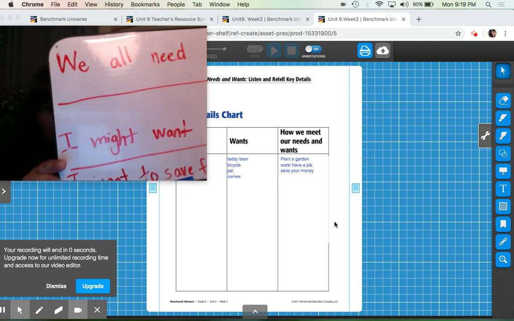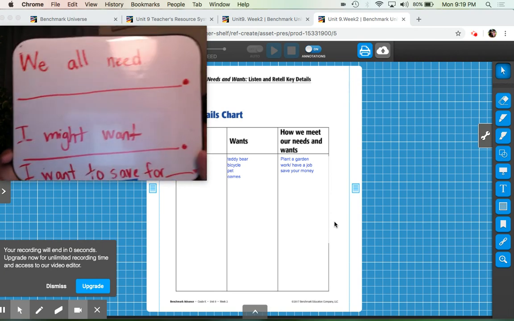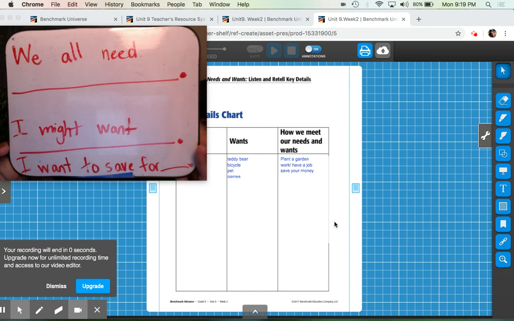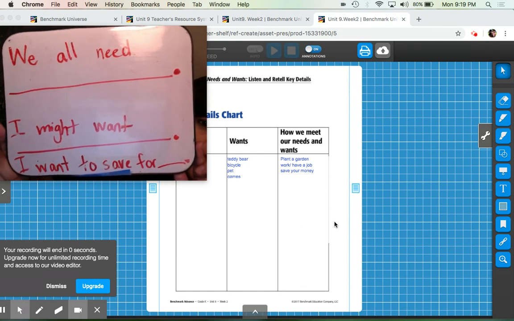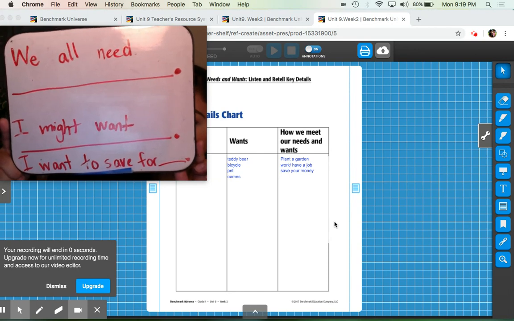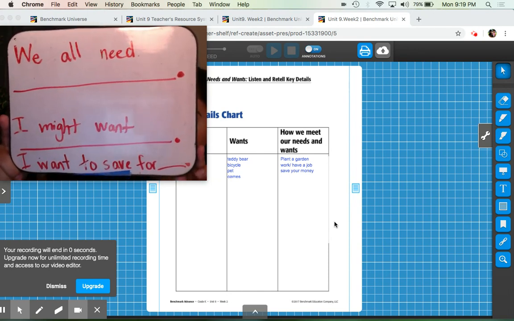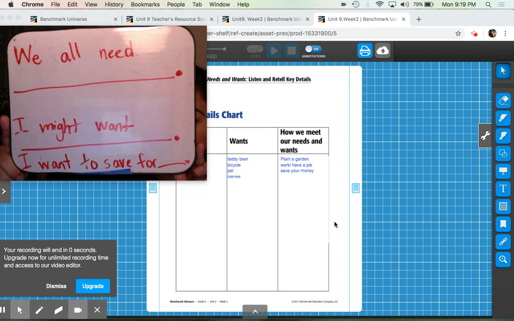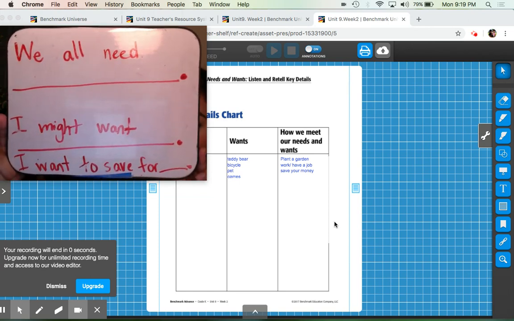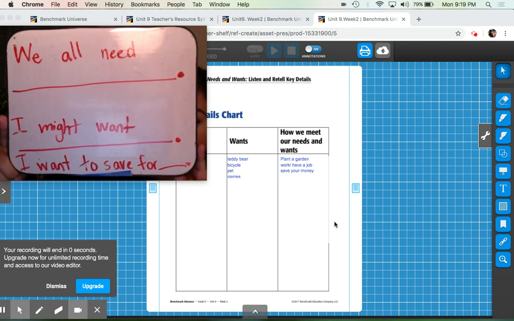So let's make sure we can see it correctly. There we go. Okay, we all need blank. The next one, I might want blank. And the last one, I want to save for blank. Okay, you can pause it so you can copy this language frame.